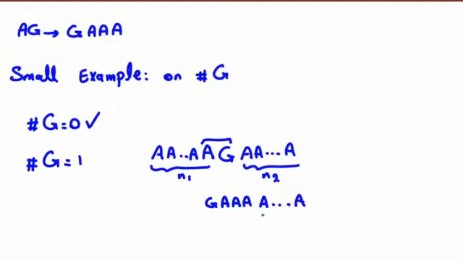How many A's are there after G? It will be n2 plus 3. And how many A's are left before G? n1 minus 1. So with each step, the number of A's before G decreases by 1.